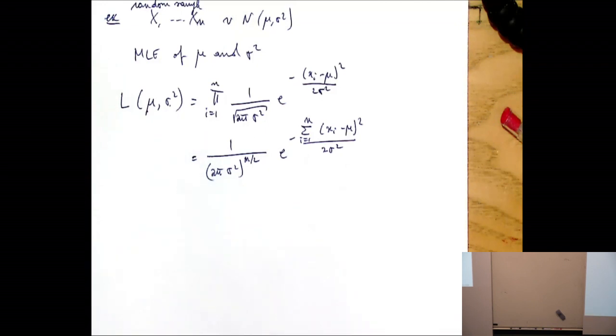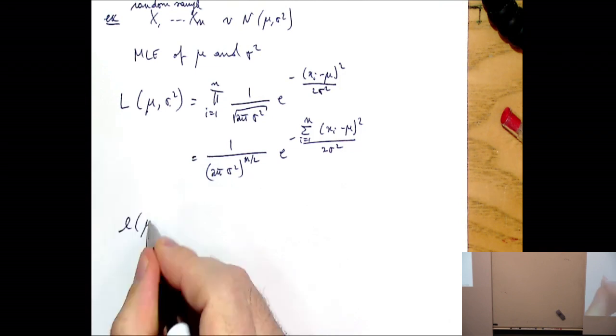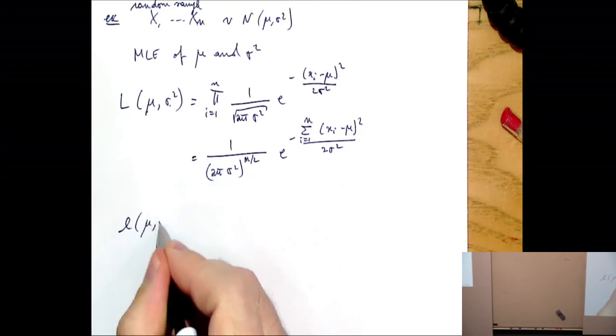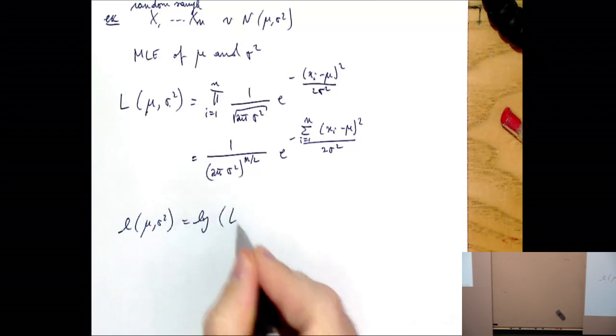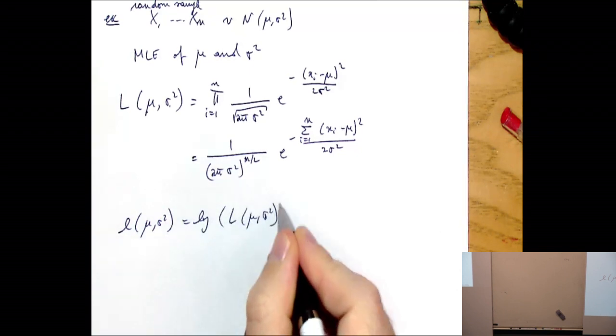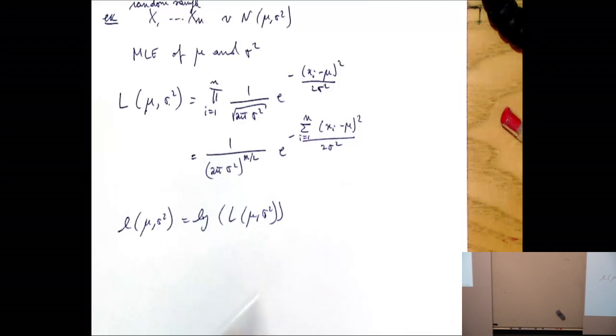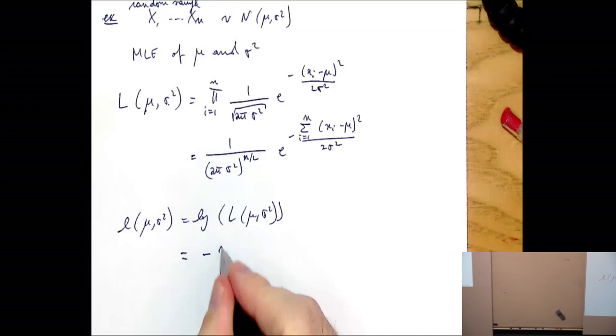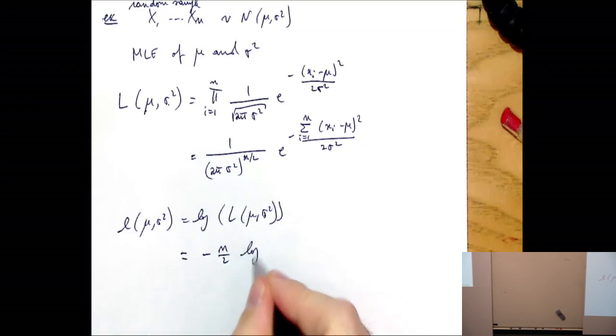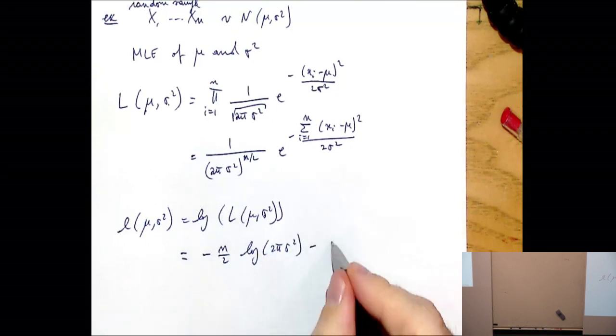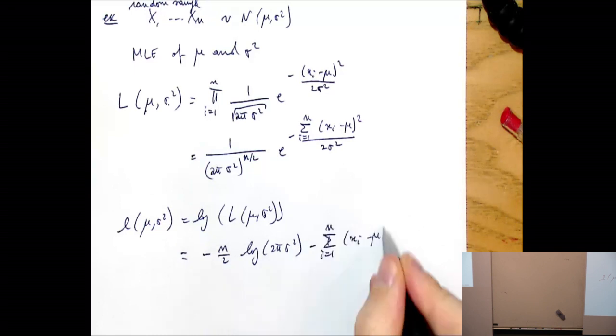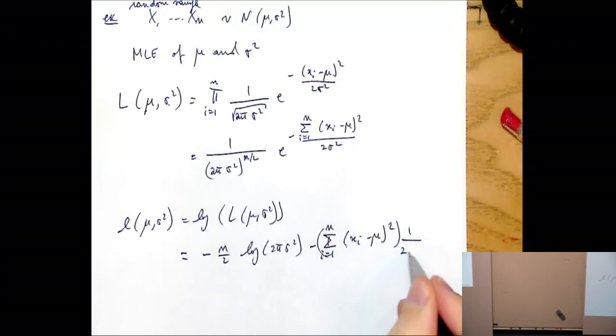So similarly to what we did with the previous example, let's look at the log likelihood function, which is the log of this quantity. If I take the log of this, I have minus n over 2 log of 2 pi sigma square, minus the sum from 1 to n of (xi minus mu) square multiplied by 1 over 2 sigma square.